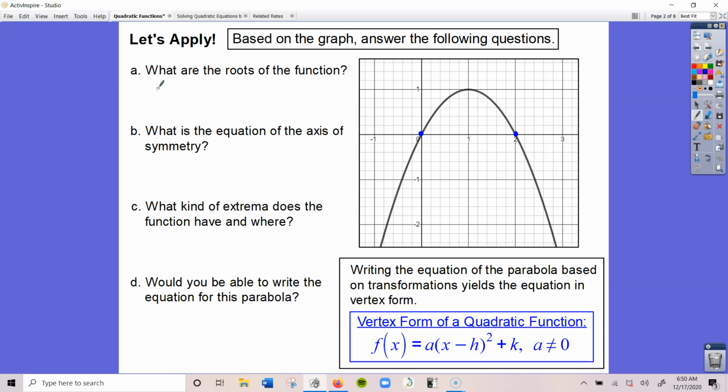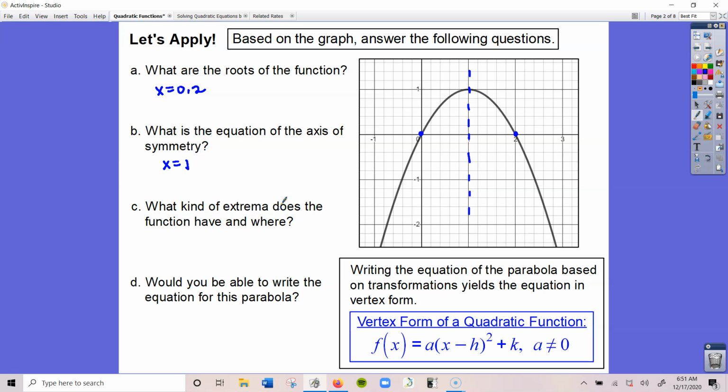So we would say that the roots are x equals 0 and 2. The equation of the axis of symmetry is where the graph can be folded in half, which would be right here. Remember, it's always written as a vertical line. This would be x equals, and we look at the x value, which is 1.